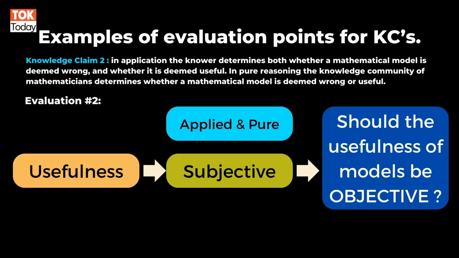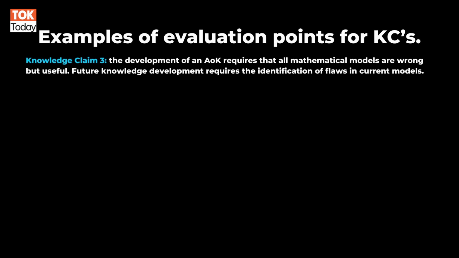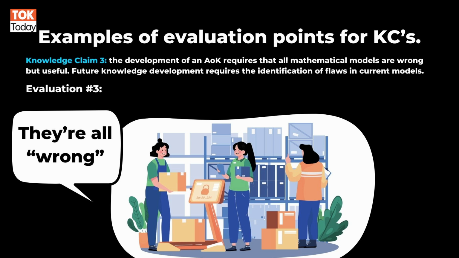Now, knowledge claim 3 is that the development of an AOK requires that all mathematical models are wrong but useful, and that future knowledge development requires the identification of flaws in current models. Now, this knowledge claim takes a very loose and widely applicable definition of the term wrong.